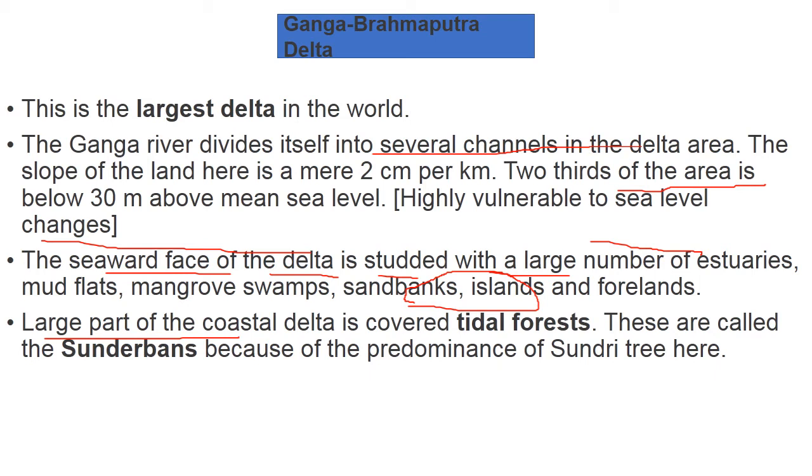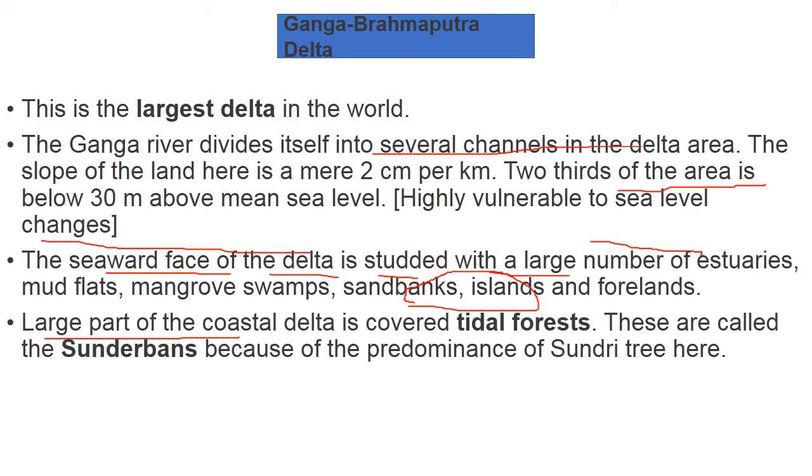The seaward face of the delta is studded with a large number of estuaries, mud flats, mangrove swamps, sandbanks, islands and forelands. It means in this area estuaries, mud flats, mangrove swamps, sandbanks, islands and forelands are dominant.